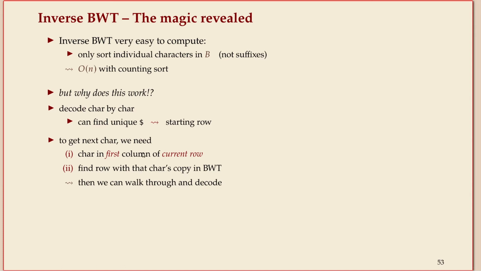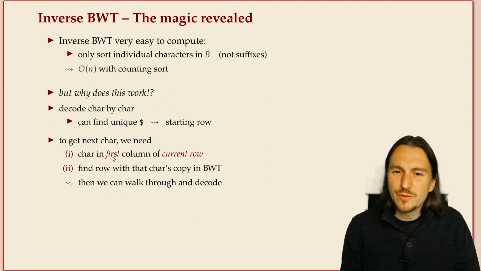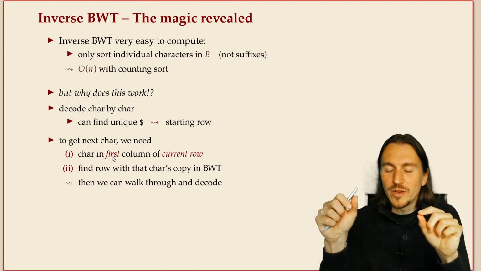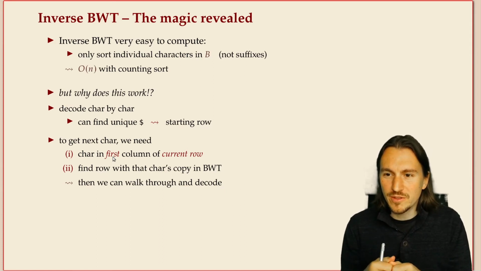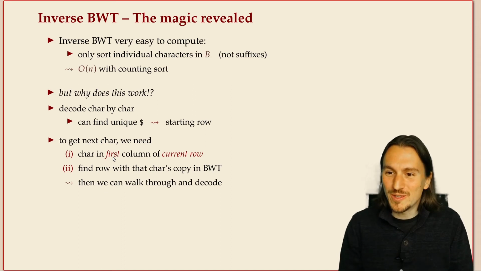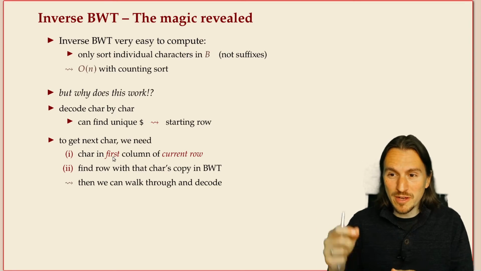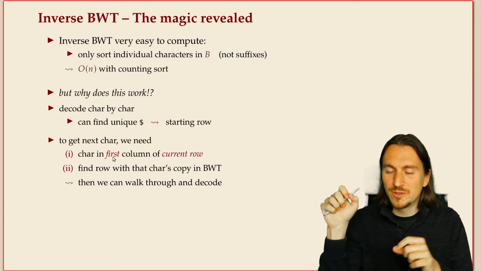The second piece is, so we know where to start now. That's great. Now we need 2 more things. First of all, in the current row in this list of sorted cyclic shifts, we need to find the character in the first column. As you've just seen in the example, that was the B, the first letter in the string. So we have to somehow make the jump from the last column to the first.